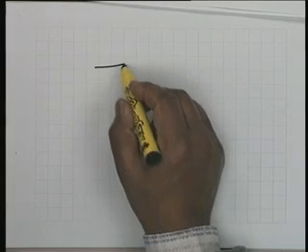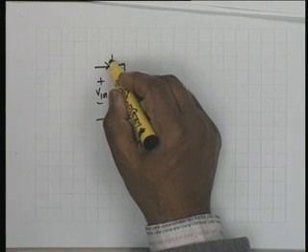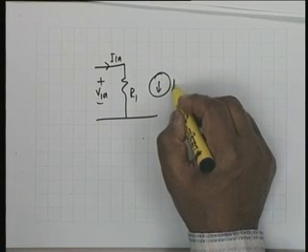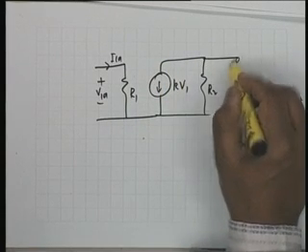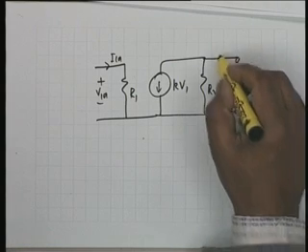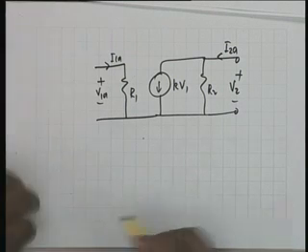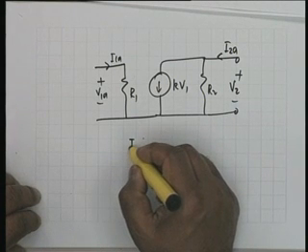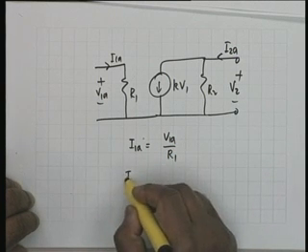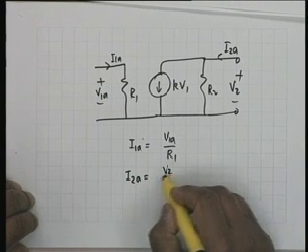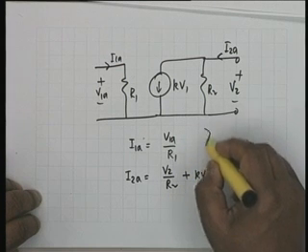The other network is R1, V1A, I1A, KV1, R2, this is V2, and this is I2A, alright. And you can see that all that I write is I1A equal to V1A divided by R1, and I2A is equal to V2 divided by R2 plus KV1, and the Y parameters are obvious.